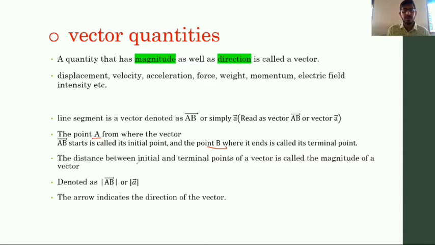The distance between the initial and terminal points of a vector is called the magnitude of the vector, denoted as magnitude AB or magnitude A. The arrow indicates the direction of the vector. Is it clear?